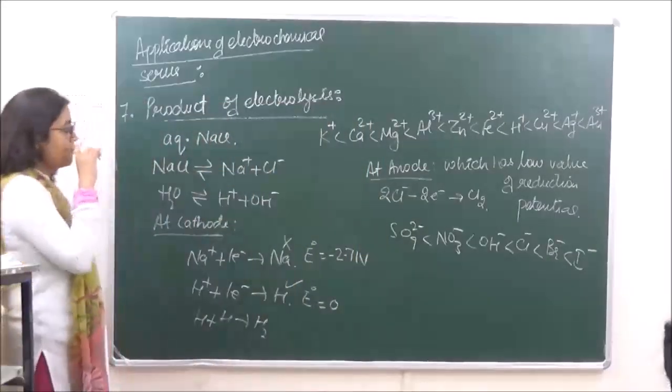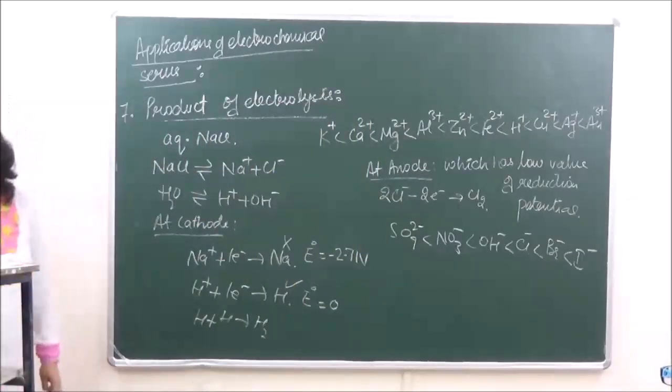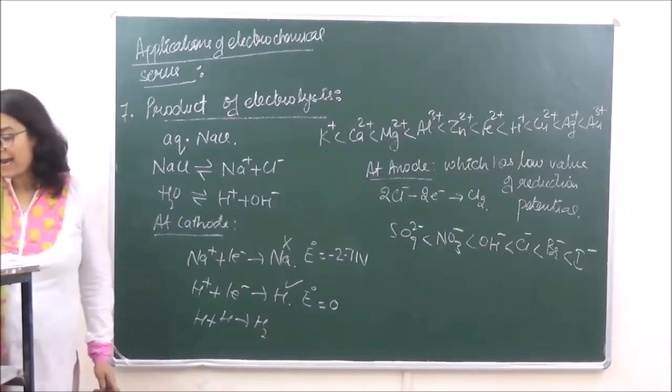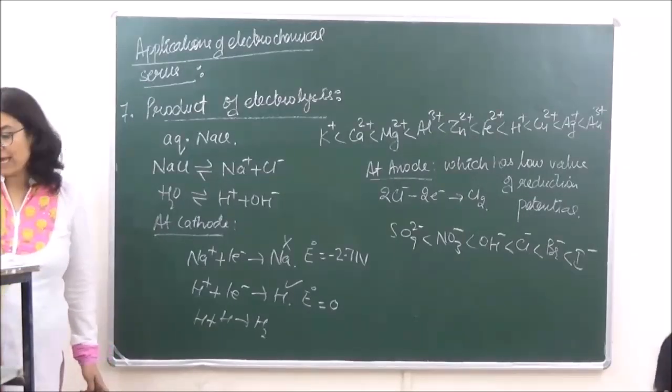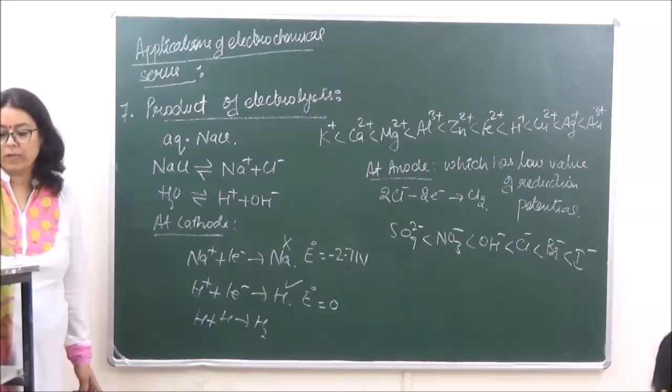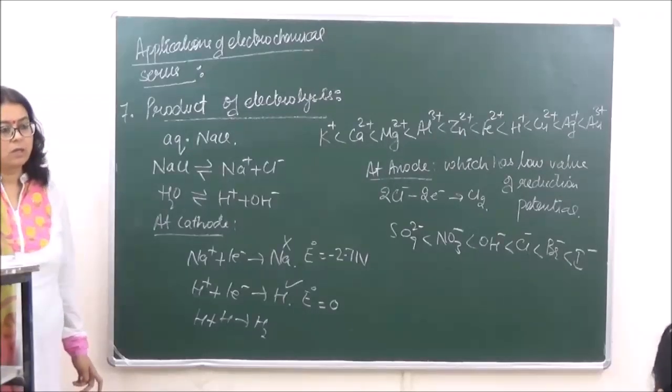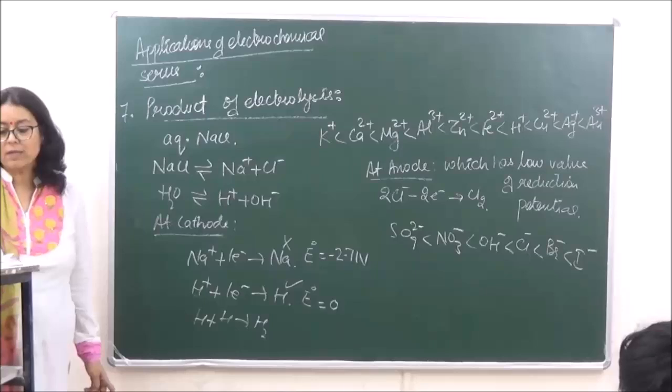So this is the comparison of the products which are going to be liberated at the anode and the cathode while we are doing the electrolysis. This is your electrochemical series.